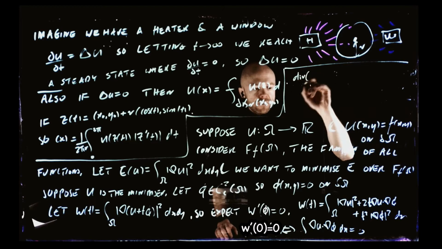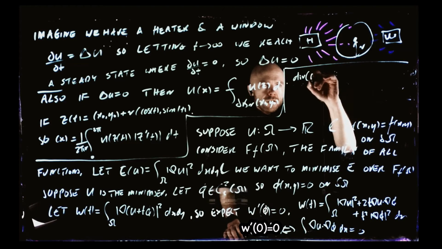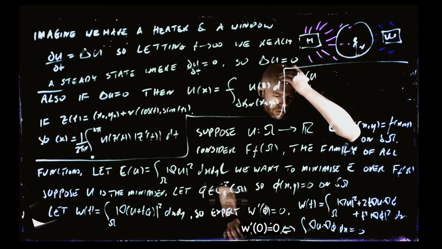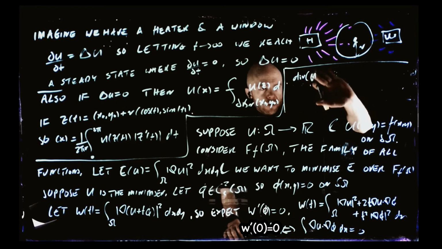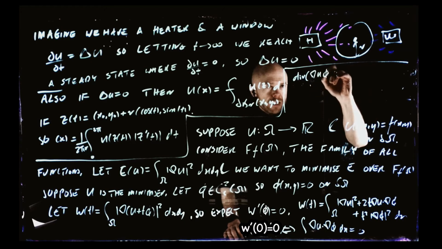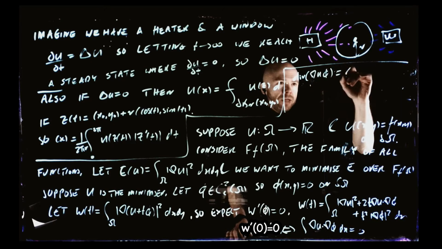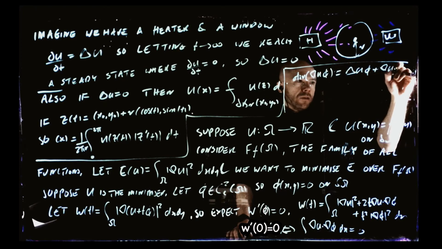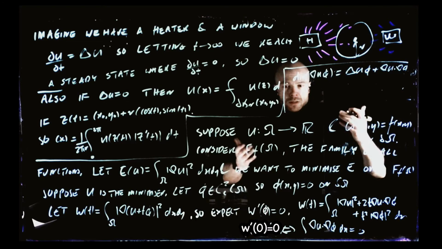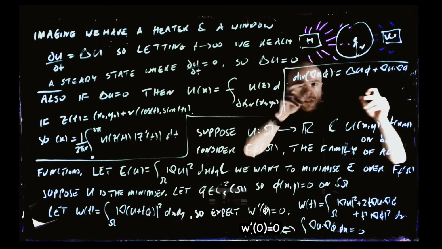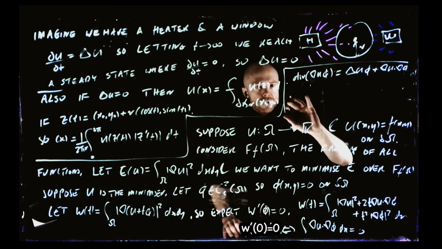So here's a little formula you can just check for yourself. If we take the divergence of gradient of u times phi, then that ends up being the Laplacian times phi plus gradient of u dot gradient of phi. It's just a little calculation. You just take the partials on each one. Okay, maybe I just do it.